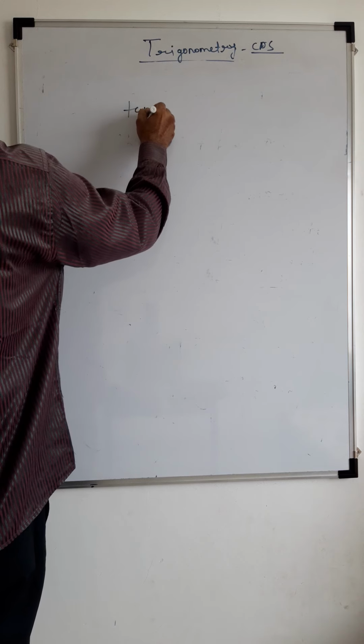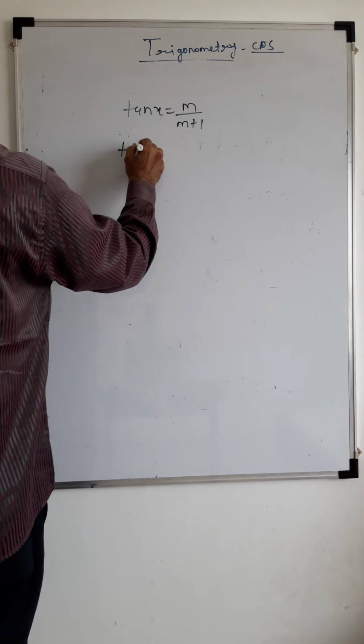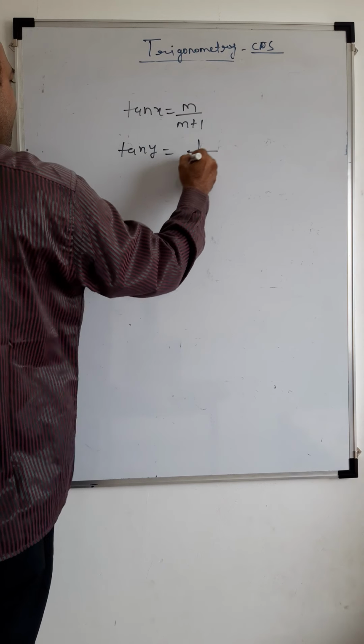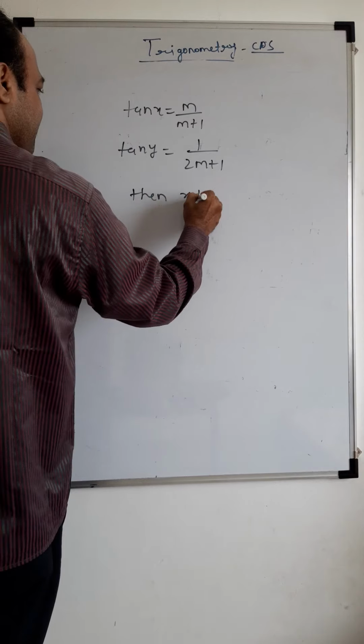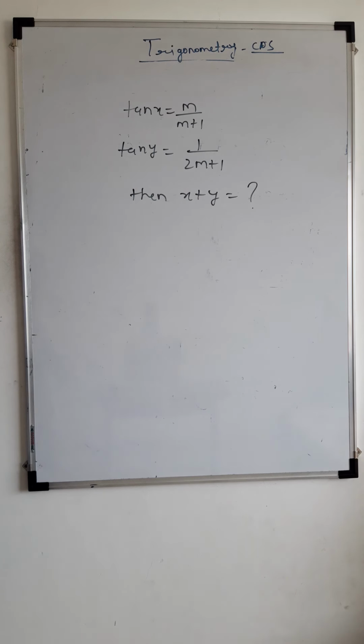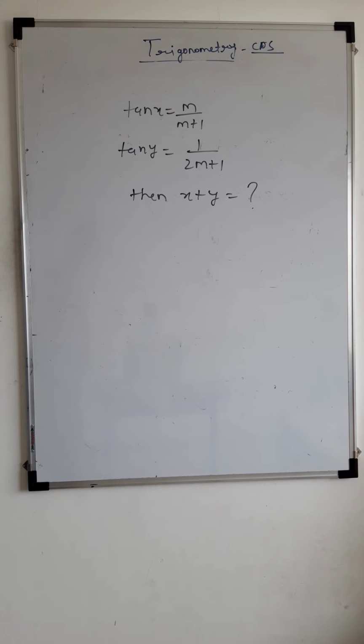Suppose we have tan x equals m upon m plus 1, and tan y is 1 upon 2m plus 1. Then we are looking for x plus y. Same situation. We'll use the tan x plus tan y formula. I believe you can do this sum.